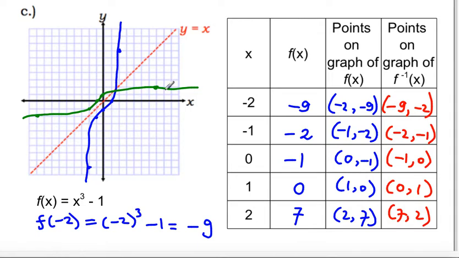So we see here clearly that along the line y equals x, the graph of f(x) and the graph of the inverse of f are actually mirror images of each other along the line y equals x. And remember, there will be somewhere where they actually cross here.